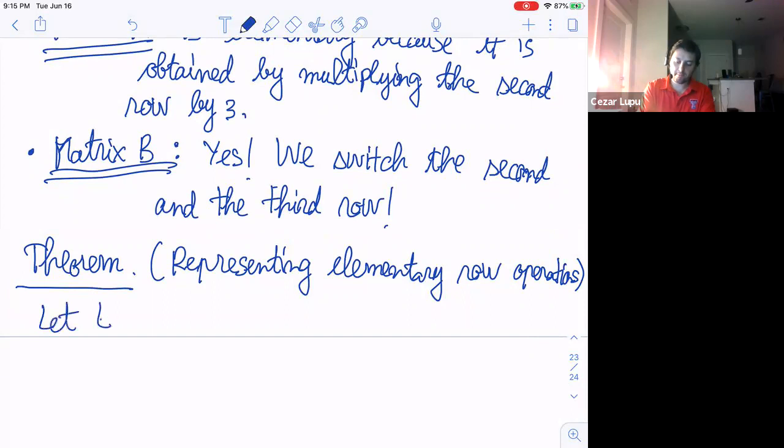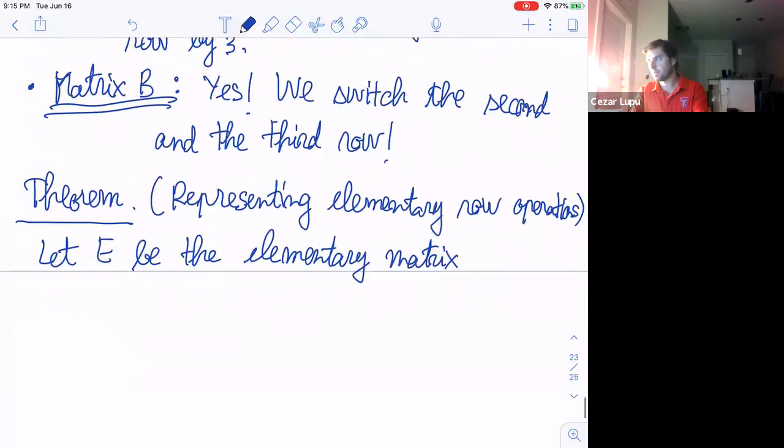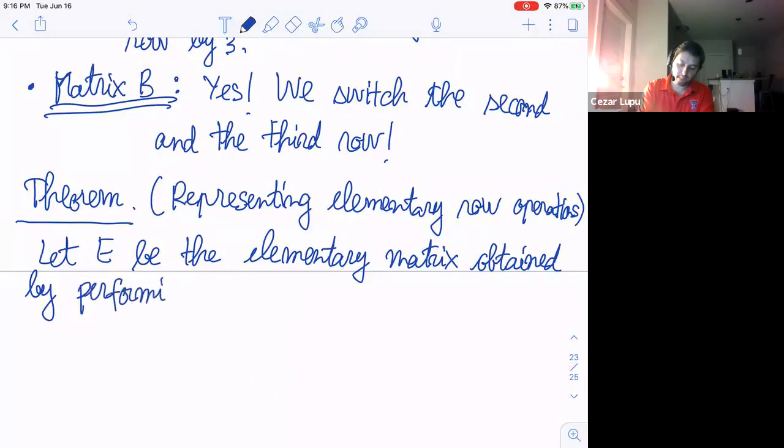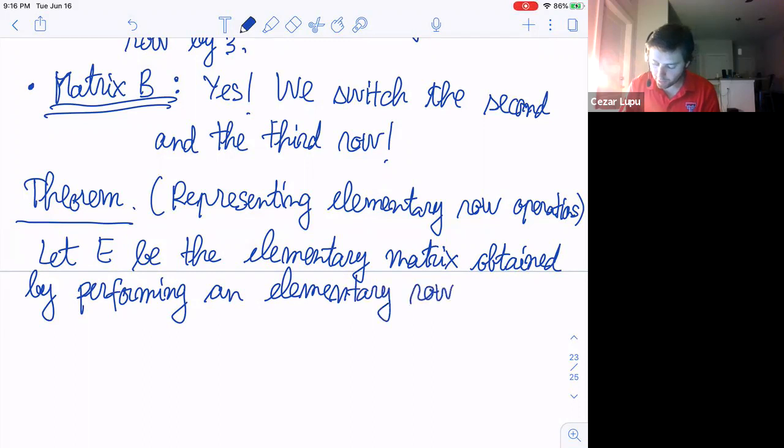It says let E be the elementary matrix obtained by performing an elementary row operation on the identity, on I_n.